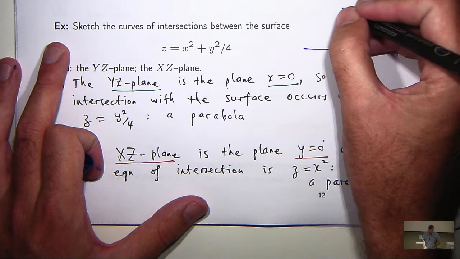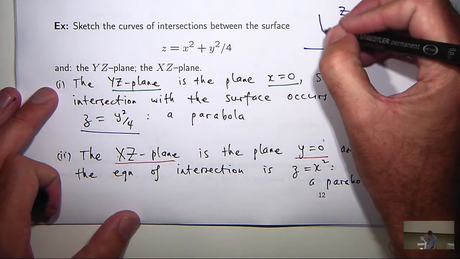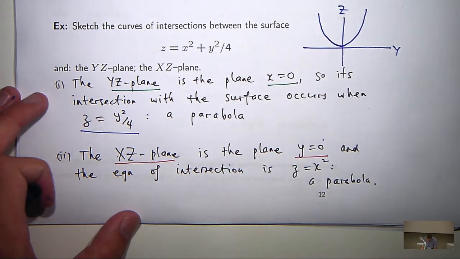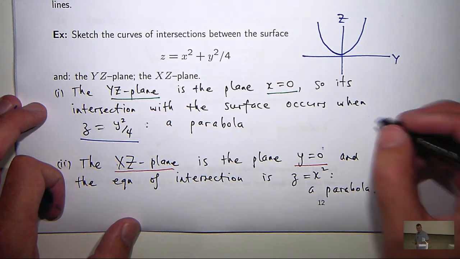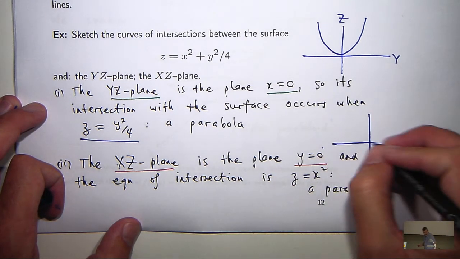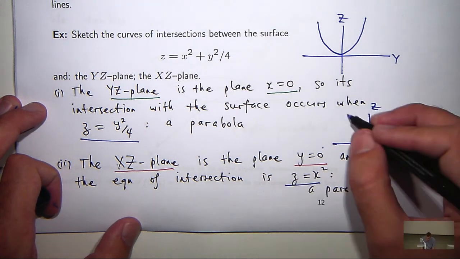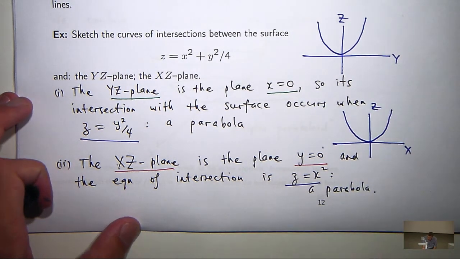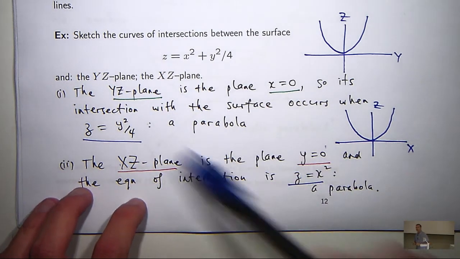And similarly for part II, I'm going to have a parabola very similar. So basically I'm drawing z equals x squared. Now I've drawn them very similarly, but they are actually different parabolas, you can tell. Okay, they don't really have the same shape. All right, they're parabolas, but a little bit different.